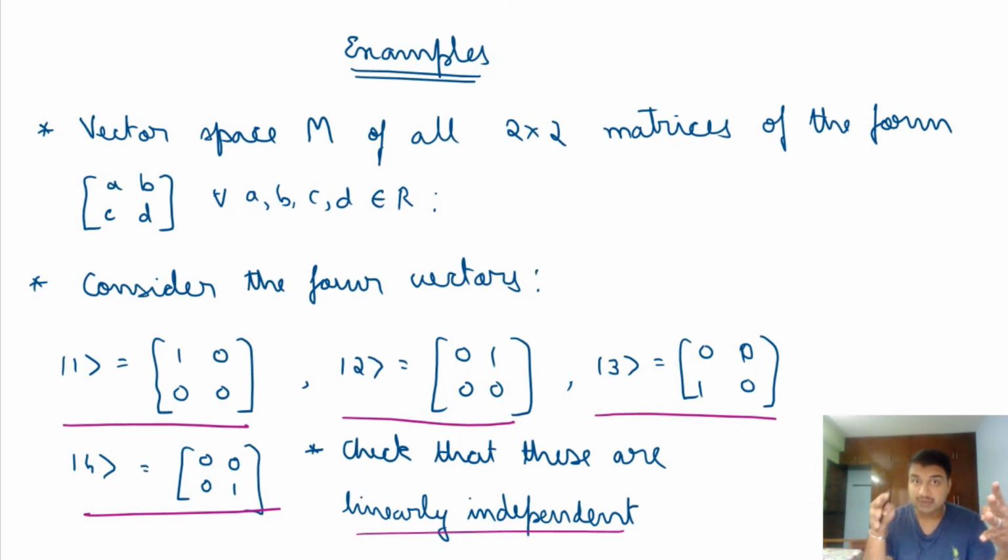It may have more than 4, we do not know yet, but if we can prove that it cannot have more than 4 linearly independent vectors, then it is the same as saying that the dimension of this vector space is actually 4. So that is what I am going to prove now. I am going to prove that you cannot have more than 4 linearly independent vectors in this vector space.